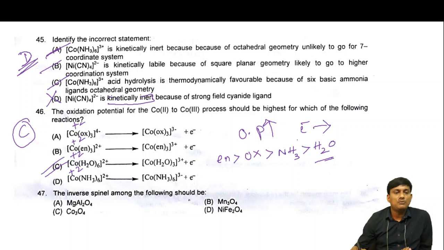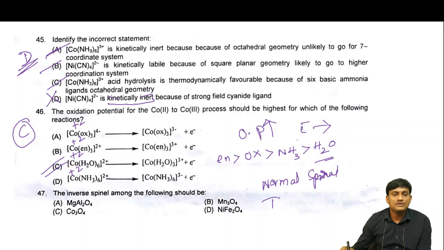Which one has inverse spinel? We have normal spinel and inverse spinel structures. MgAl2O4 is called a spinel, a normal spinel. Mn3O4 is also normal spinel. Co3O4 is also normal spinel. But NiFe2O4 has an inverse spinel.